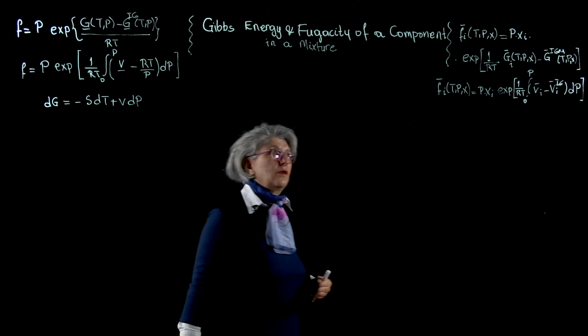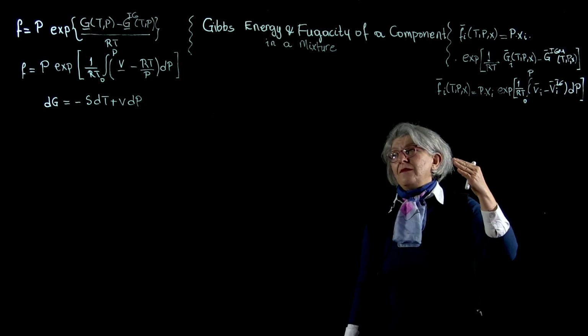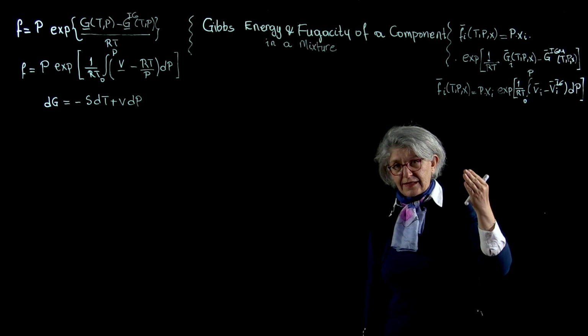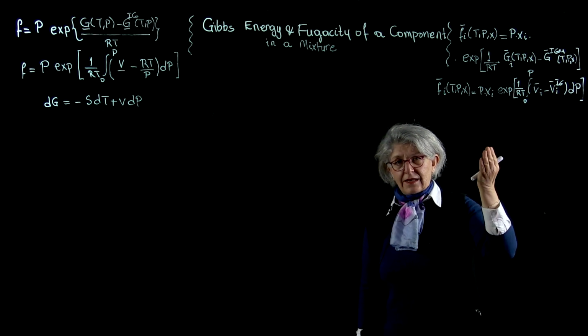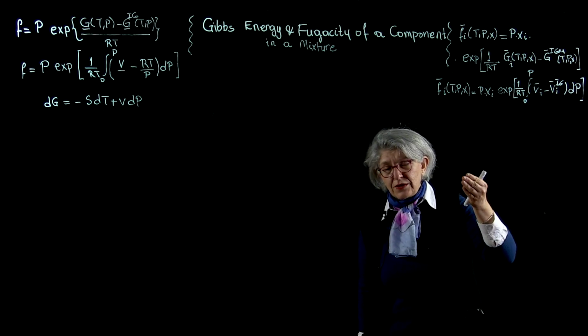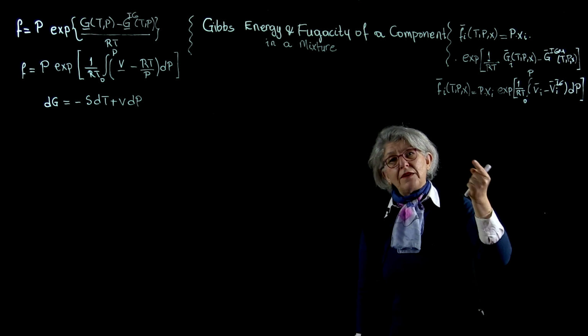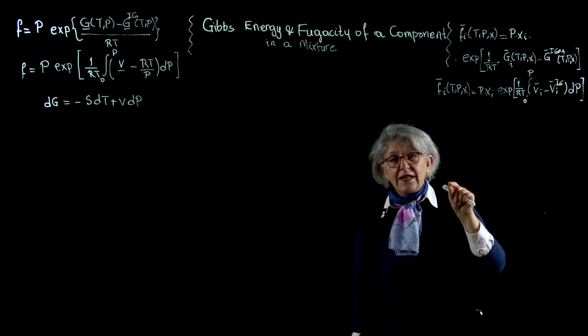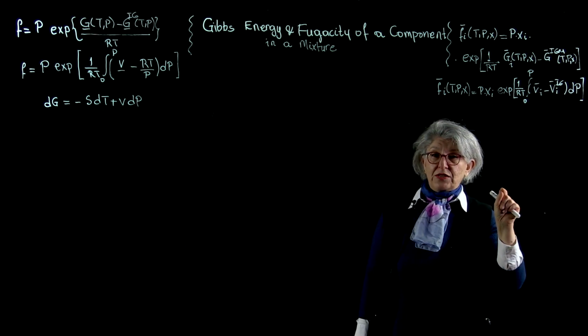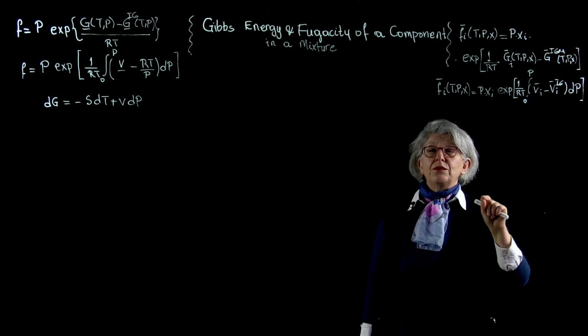Now we are going to develop the counterpart of the same definition for a component in a mixture. So now we have added the definition of a mixture. Mixture means that we have more than one component. When we have more than one component, we have to take the mole fractions of those components into consideration.